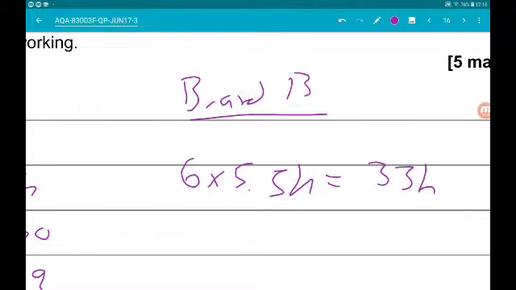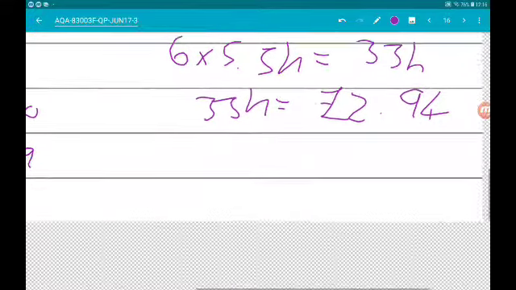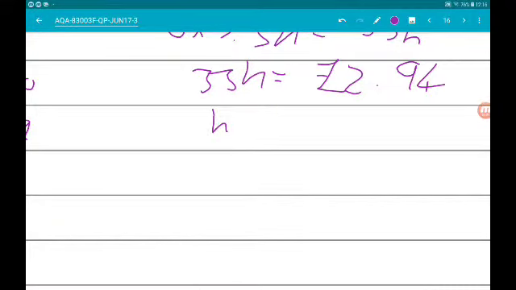So we get 33 hours of power for £2.94. That means 1 hour of power is £2.94 divided by 33. So that gives us 0.089.